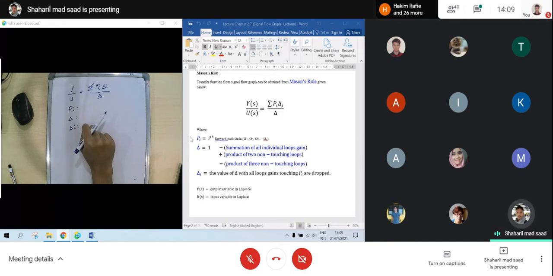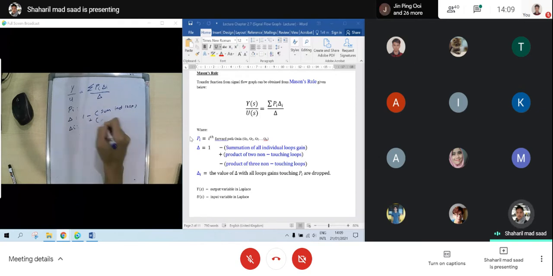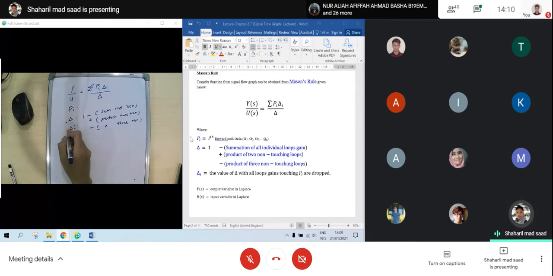Delta is equal to 1 minus the sum of individual loops, plus the sum of products of 2 non-touching loops, minus the sum of products of 3 non-touching loops. Then delta_i depends on your forward path gain.